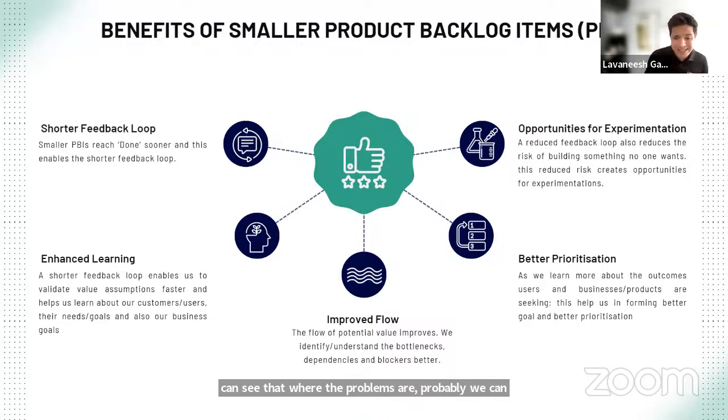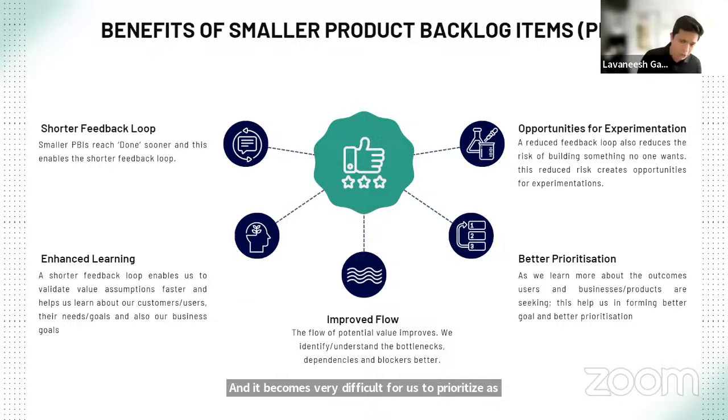We can see which of these smaller items are better connected with our business goals, our user outcomes, our business outcomes, and it helps us in doing better prioritization as well. When things are big, everything looks really important, and it becomes very difficult for us to prioritize.